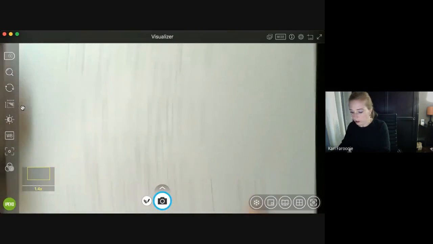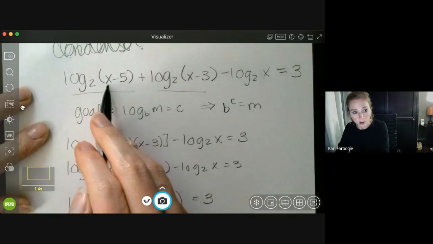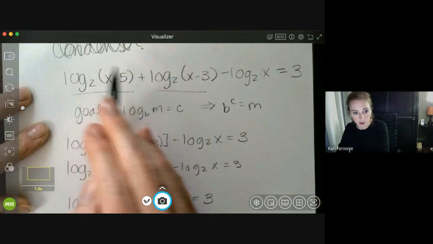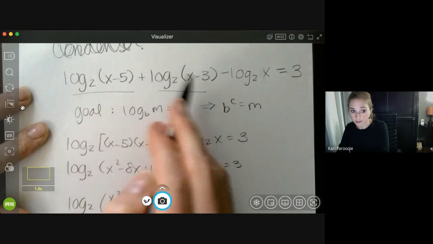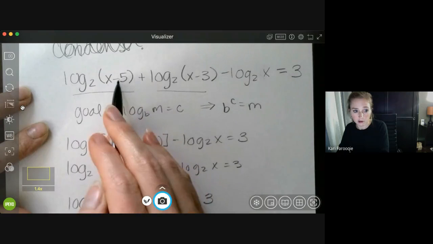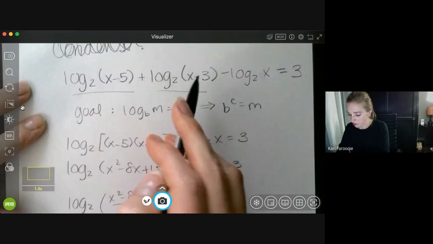1 and 15. Notice that if you let x be 1, 1 minus 5 is -4, and you can't take the log of a negative number. So it won't work here, and it doesn't even matter if it works anywhere else, because at this point, it's already violated the domain over here. 1 minus 3 also would violate the domain there.